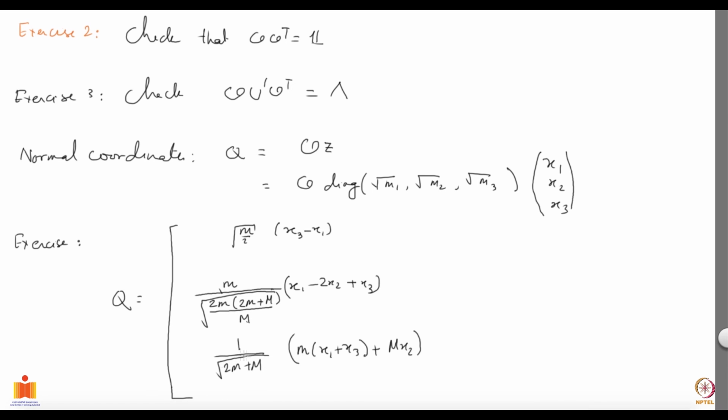I saw this factor in the denominator, which is 1 over square root of m, and I thought I'm doing something wrong. But then I have a mass here, which together make the same as here. So it's all fine. There is no mistake, I believe. Okay, so that is the Q. So you know what your normal coordinates are in terms of x1, x2, and x3. Okay, that's good. Let's see what next.